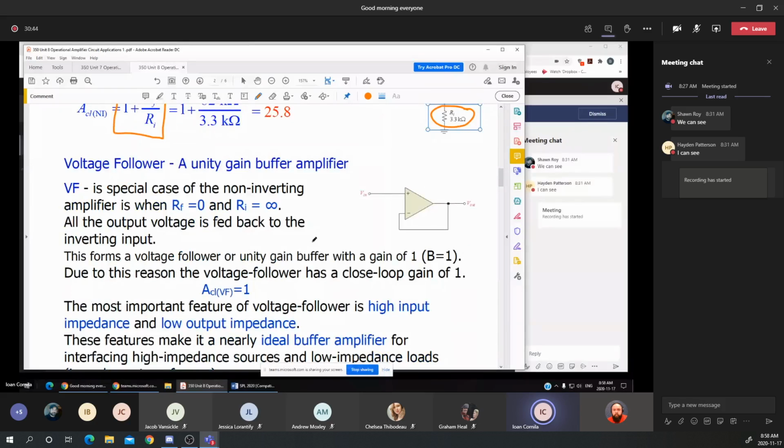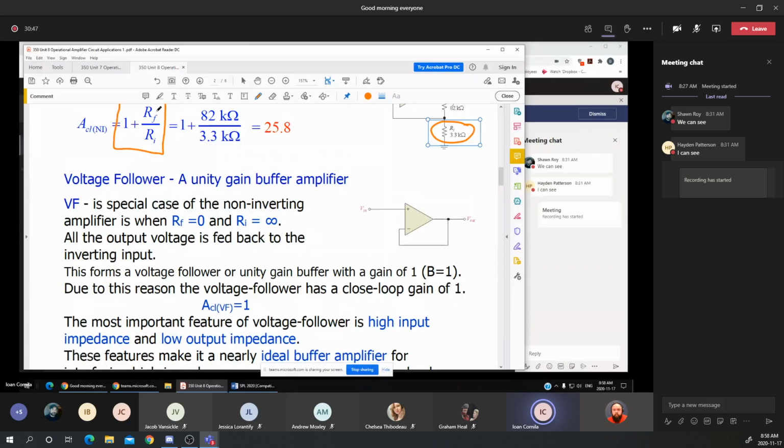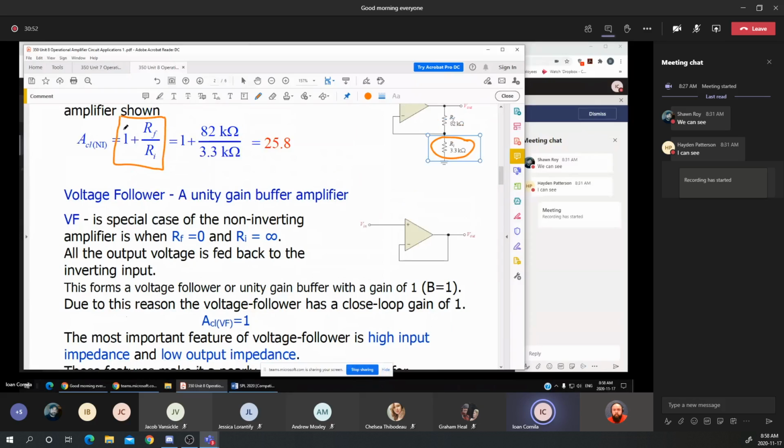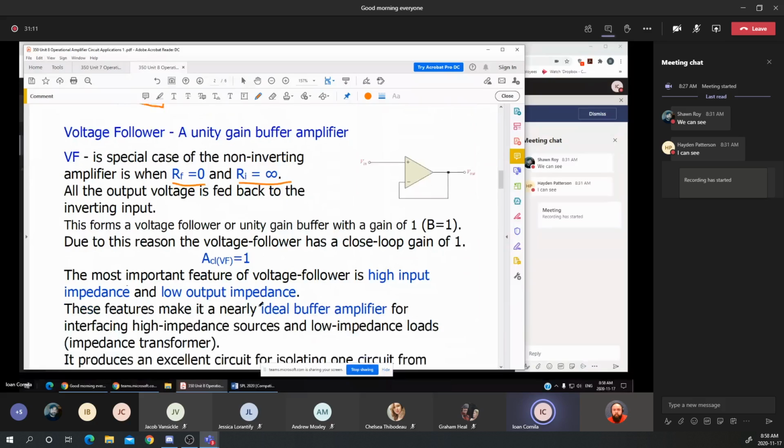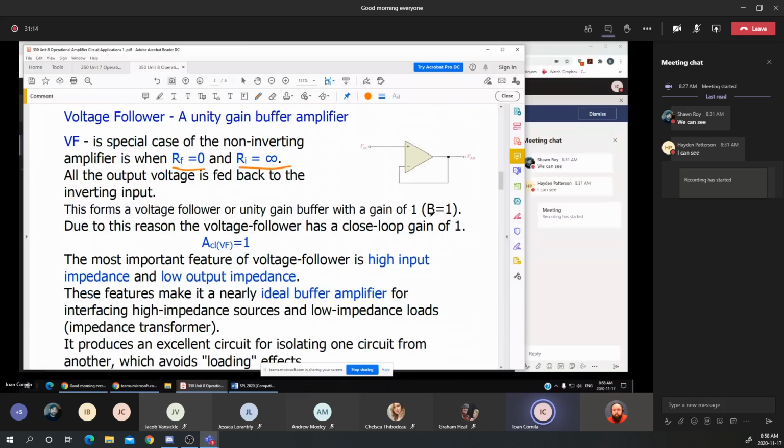In this equation, if I replace RF with 0 and Ri with infinite, I have just the value of 1, because 0 divided by infinite is 0. The gain for a closed loop becomes 1. It means that the attenuation, or B, is equal to 1, which makes a closed loop gain of 1.